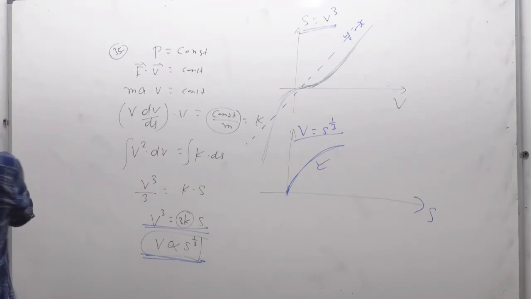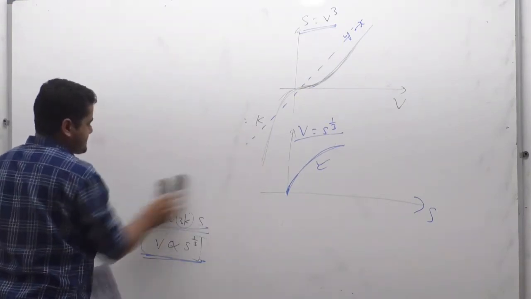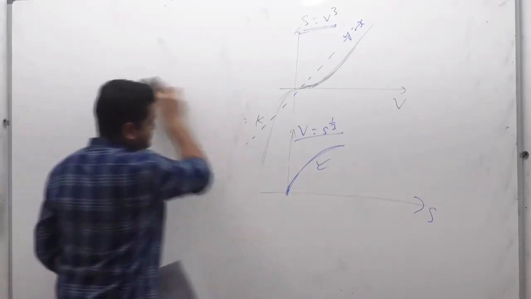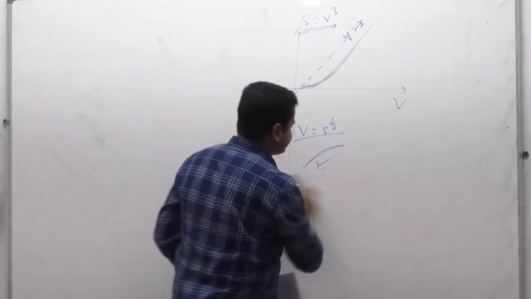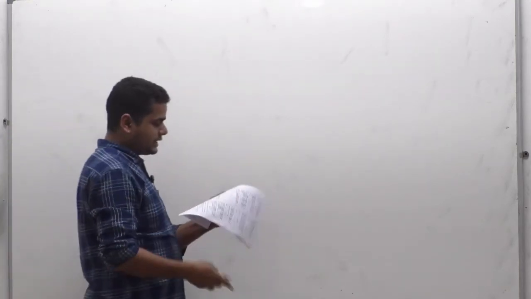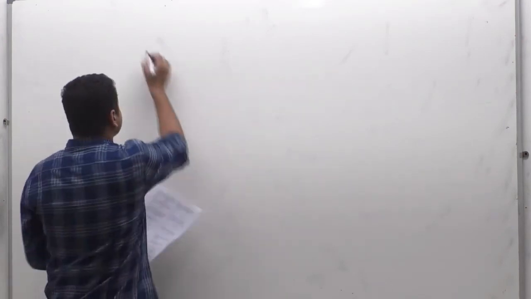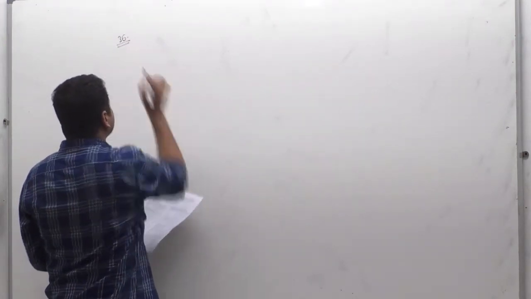Next question is 36. In question 36, what they have given to us is, in an experiment, mass and velocity of an object are measured.